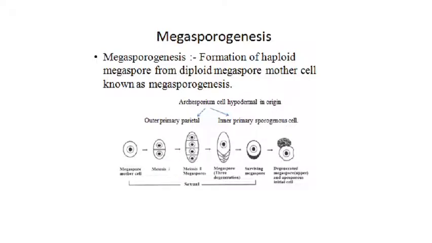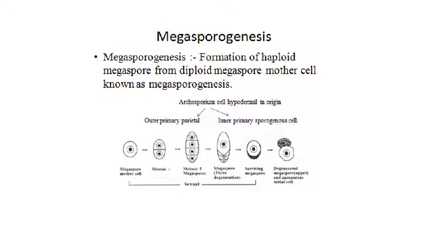That archisporium cell is active and divides periclinally, and forms an outer primary parietal cell and an inner primary sporogenous cell. The outer primary parietal cell may or may not divide further. The inner primary sporogenous cell does not divide further, but directly works as a diploid megaspore mother cell.